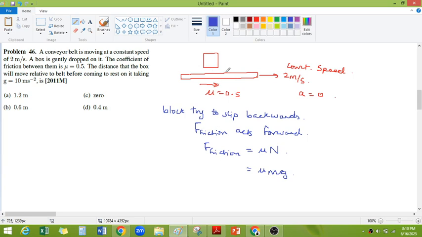There is no other force here, right? Mass into acceleration. So I can write it like this and I can cancel out. I can find a is equal to mu g. I think we got the same result in some other question. Right? You can do like that.